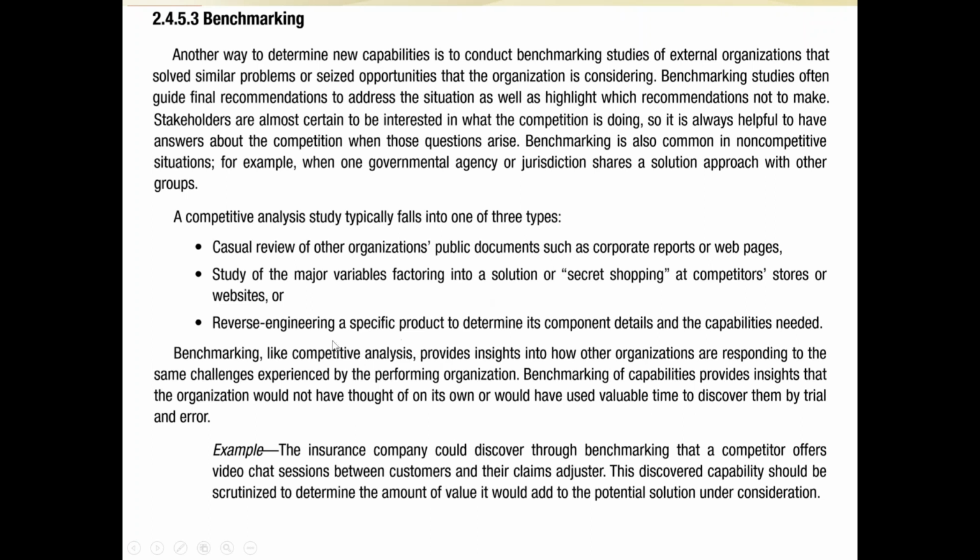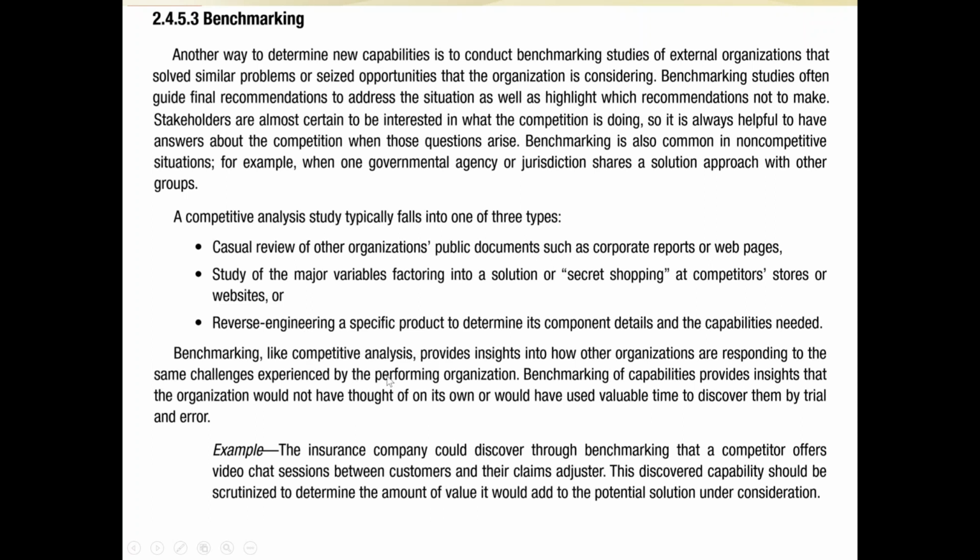Then there is reverse engineering, studying a specific product to determine its component details and the capabilities needed. Maybe your neighboring shop makes too good tea. You want to make as good tea, so you order tea from them, drink it, analyze it, and try to match it. So you reverse engineer their formula and try to compete with them.